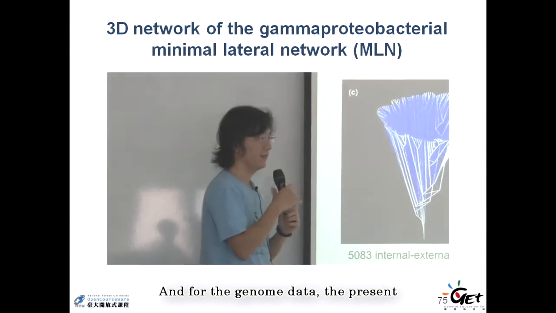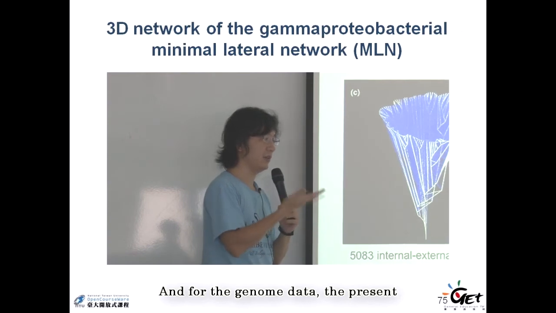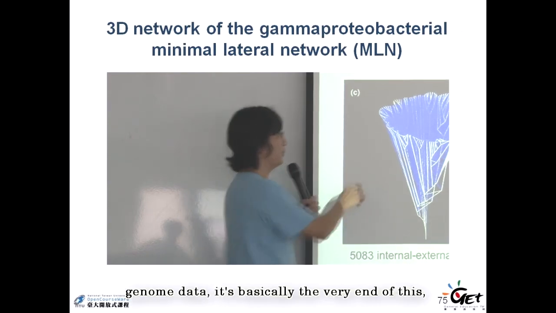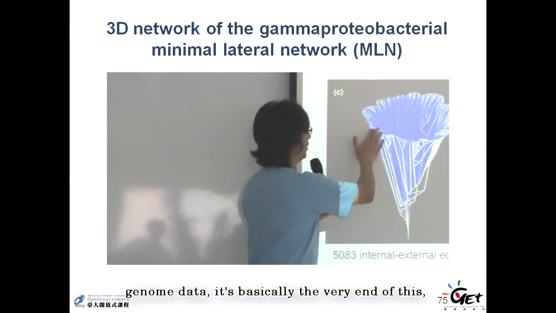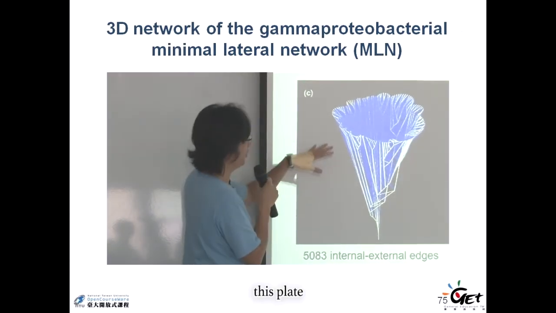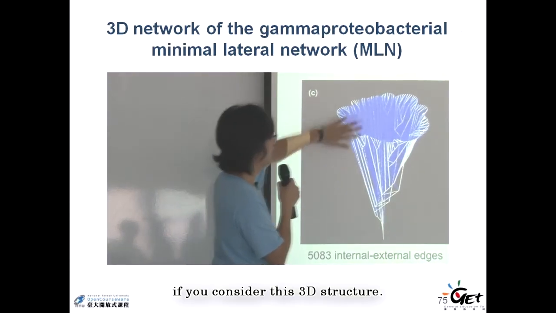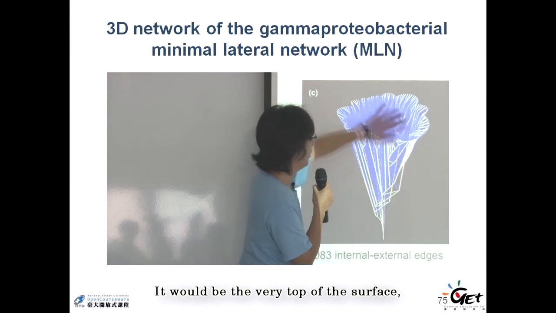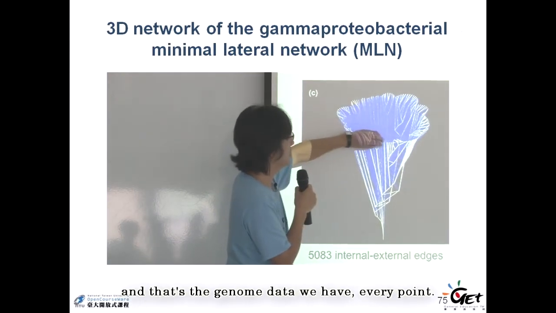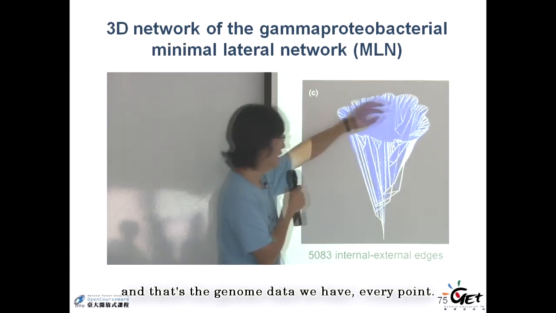And for the genome data, the present genome data is basically the very end of this display. If you consider this 3D structure, it will be the very top of the surface, and these are the genome data we have at every point.